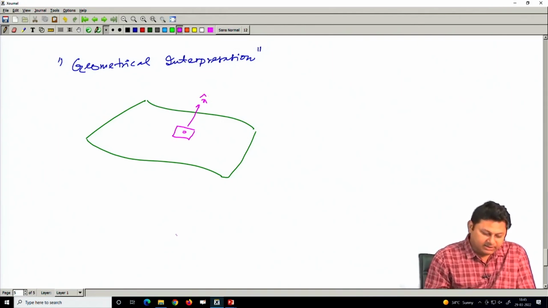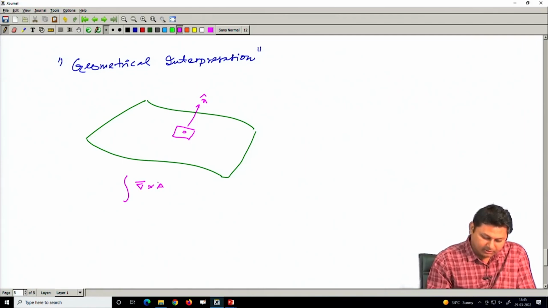I am calculating the integral of the curl of A dot ds.